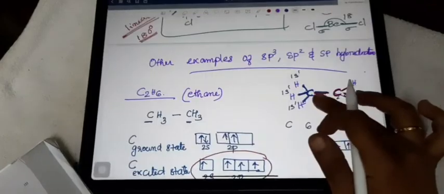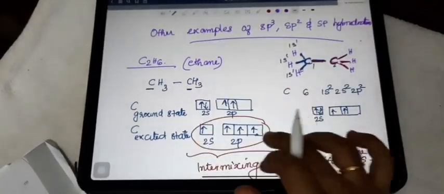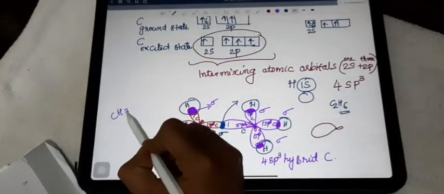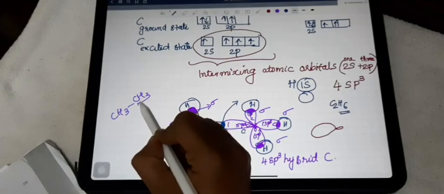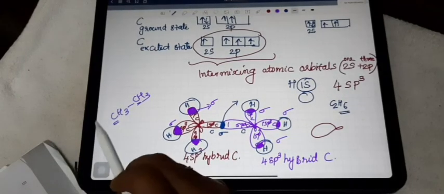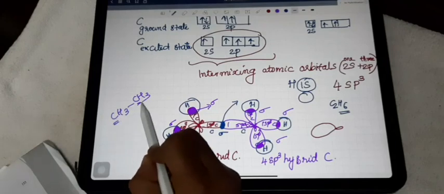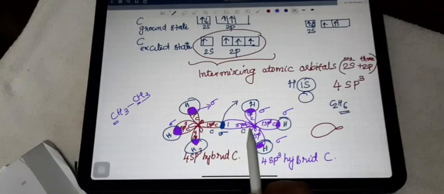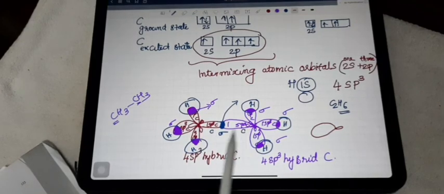So we can conclude the structure of the C2H6 ethane molecule like this. Both of the carbon atoms in CH3 are sp3 hybridized. Out of 4 sp3 hybrid orbitals in each carbon, one sp3 hybrid orbital overlaps with the similar orbital of the other carbon atom to form the C-C sigma bond.